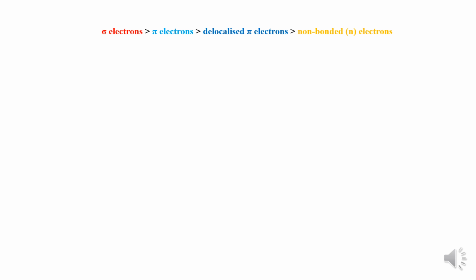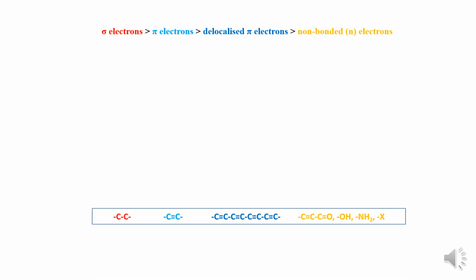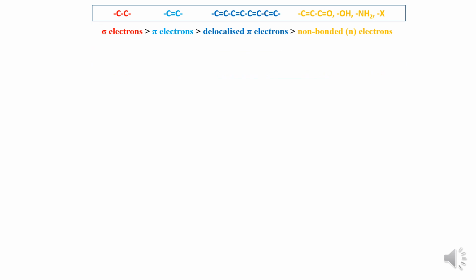Now, there are four different types of electrons in an organic molecule. They are sigma electrons, pi electrons, delocalized pi electrons, and non-bonded electrons. The sigma electrons are present in saturated hydrocarbons like alkanes. Pi electrons are present in unsaturated compounds like alkenes, aromatic compounds, and carbonyl compounds.